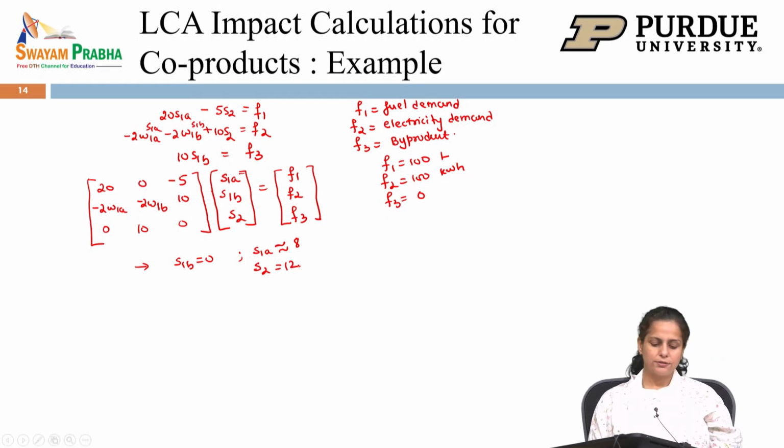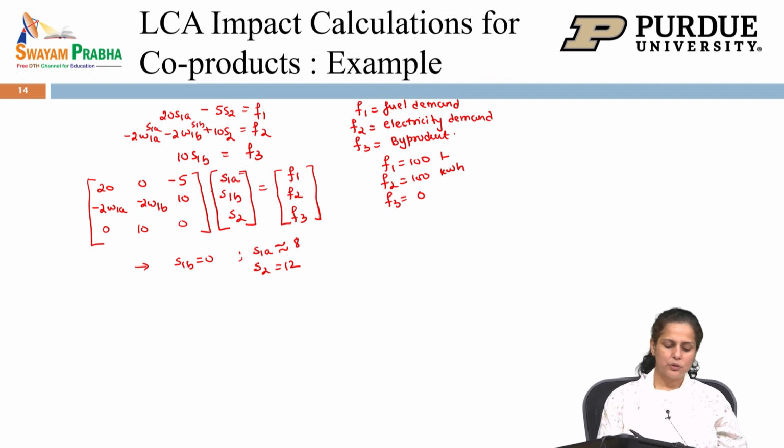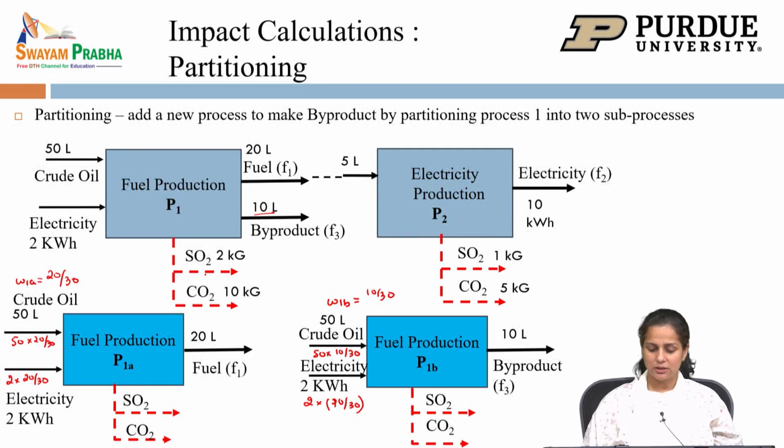So, now we have the 3 scaling factors that we need, and you can see that S1B equal to 0 makes intuitive sense, because we are not interested in making byproduct as a final product. We do not need byproduct as any input to the processes that are involved in our life cycle. So, we can say that the scaling factor for this should be 0.